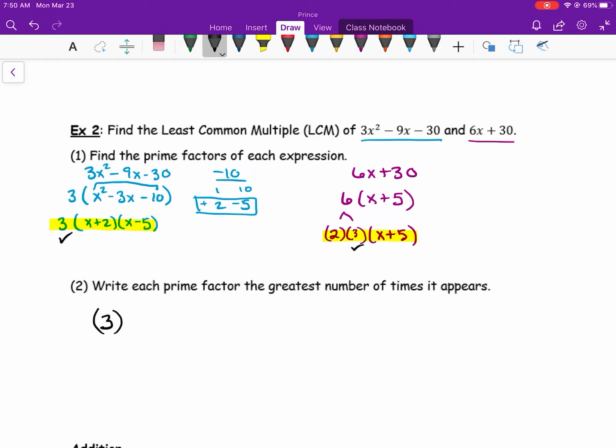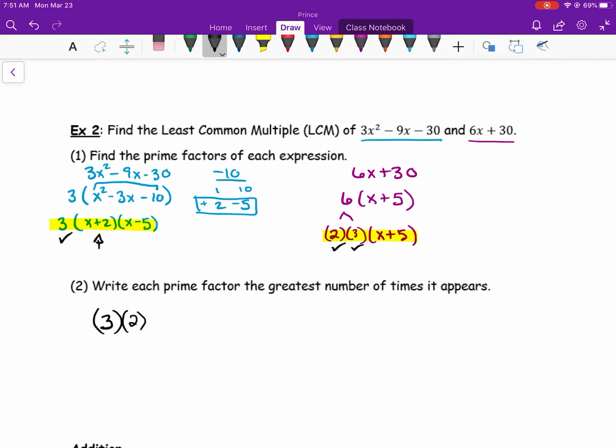Check marks there. Now my other number I have is 2. So 2 shows up one time on the right, no times on the left. So at most it shows up one time. So now I'm done with 2. Check that one off.